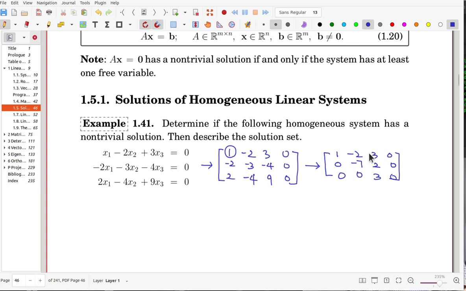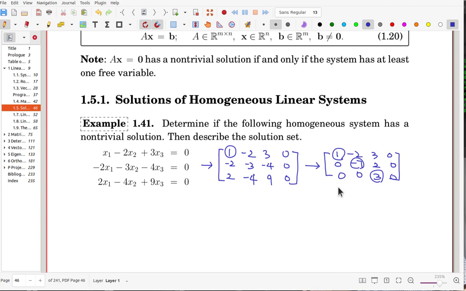Now, in this echelon form, we have pivots here and here, so there is no free variable. From this, we can say that this linear system has only the trivial solution because there is no free variable.